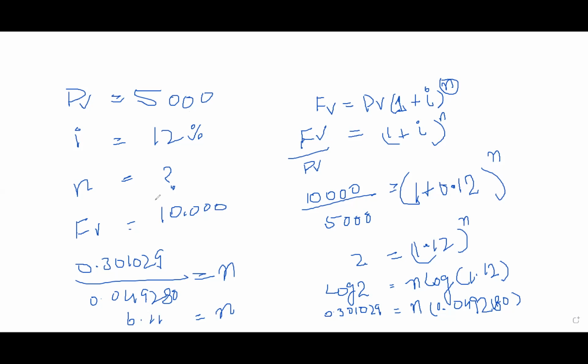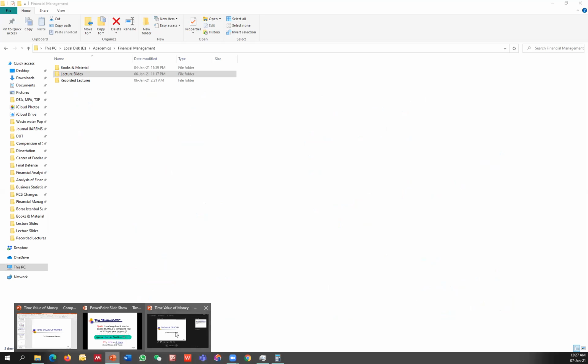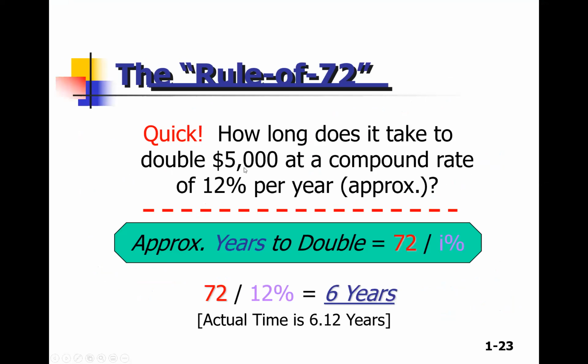You just put 20,000 as your future value and use this procedure, and you will get the number of time periods that will be required to grow your 5,000 into 20,000. Another shortcut way is this 72 rule that I already told you.